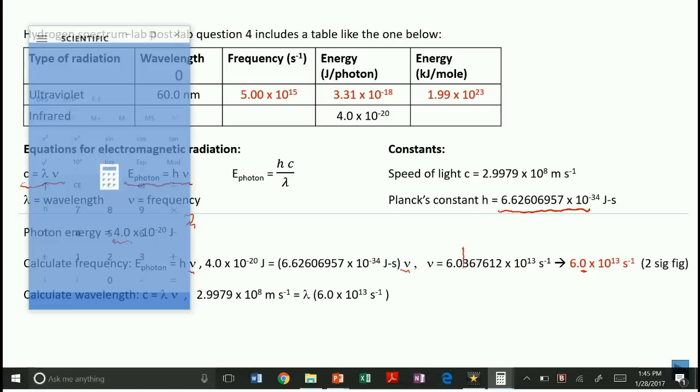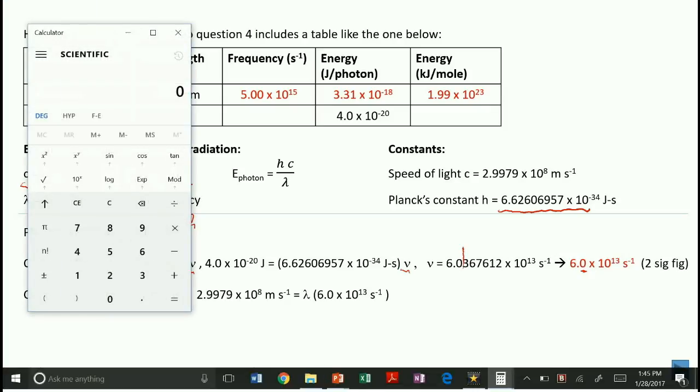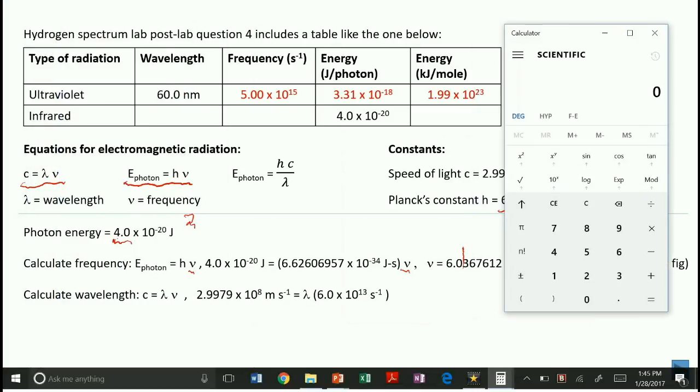So I have 2.9979 times 10 to the 8th, divide by 6 times 10 to the 13th, equals, in scientific notation, 4.9965 times 10 to the minus 6.